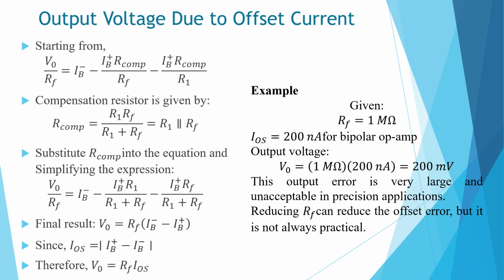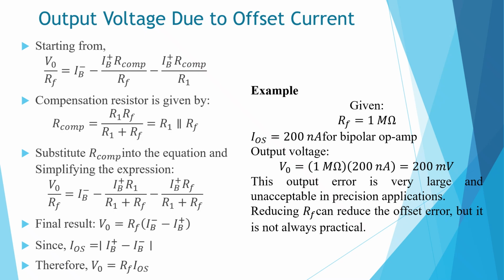Now let's simplify the derived equation for output voltage. Starting with the previous expression, V0 by RF is equal to IB minus minus IB plus RComp by RF minus IB plus RComp by R1. We note that the compensation resistor is equal to the parallel combination of R1 and RF. That is equal to R1 RF by R1 plus RF.